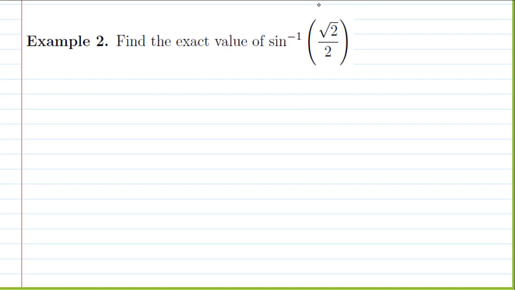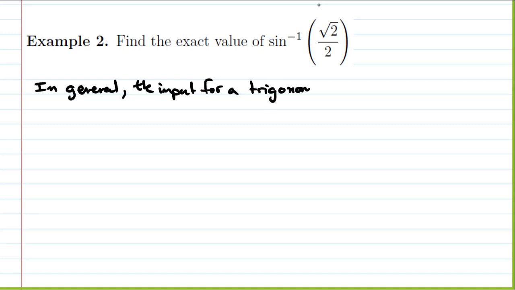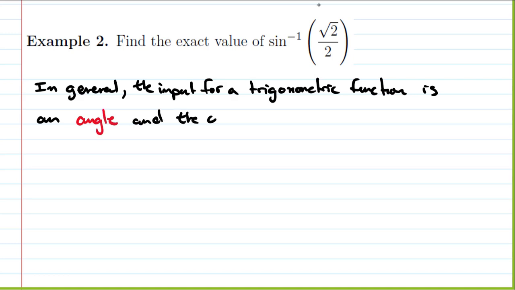In general, the input for a trig function is an angle, and the output is the ratios of the sides of a right triangle.